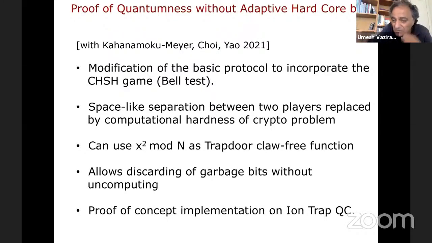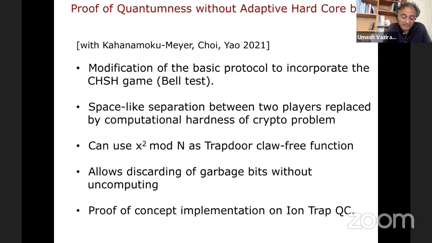But somehow within this protocol, you can incorporate the CHSH game, where the space-like separation between the two players is replaced by the computational hardness of the crypto problem. Okay, so what this allows one to do is, one, you can now use a range of trapdoor claw-free functions, including those not based on post-quantum crypto, because we are trying to give a proof of quantumness.